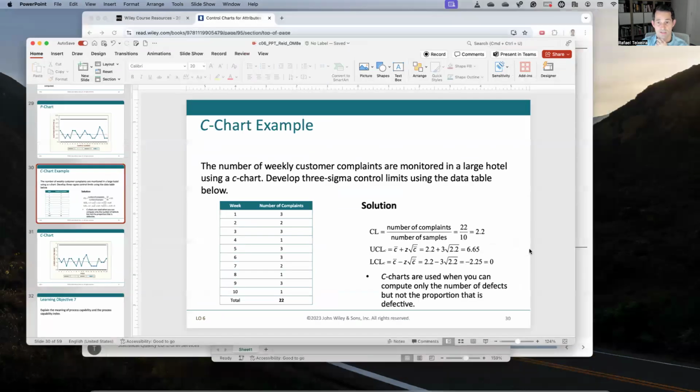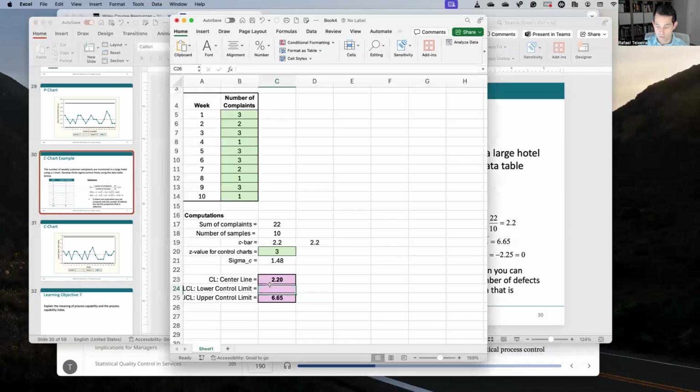So let's implement that in Excel using the function MAX. We type equal MAX, open parentheses, the max between two numbers. The first number is my center line minus my number of deviations times my standard deviation. That's the formula for the first number, highlighted here as number one.